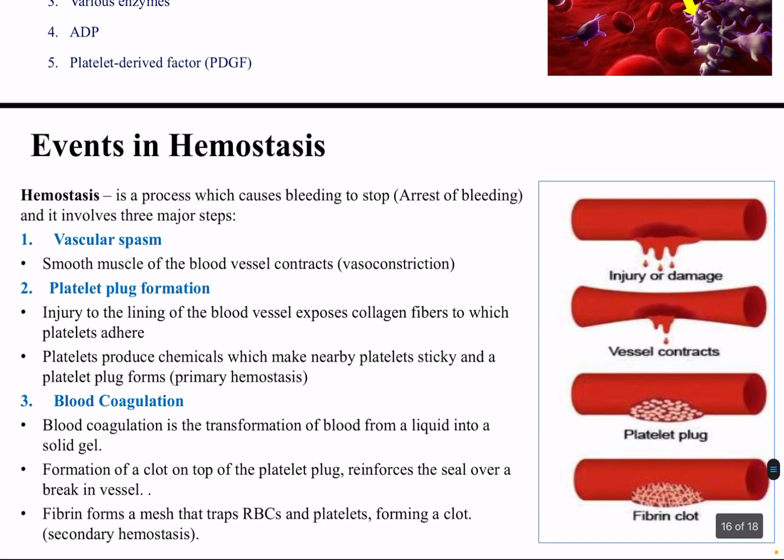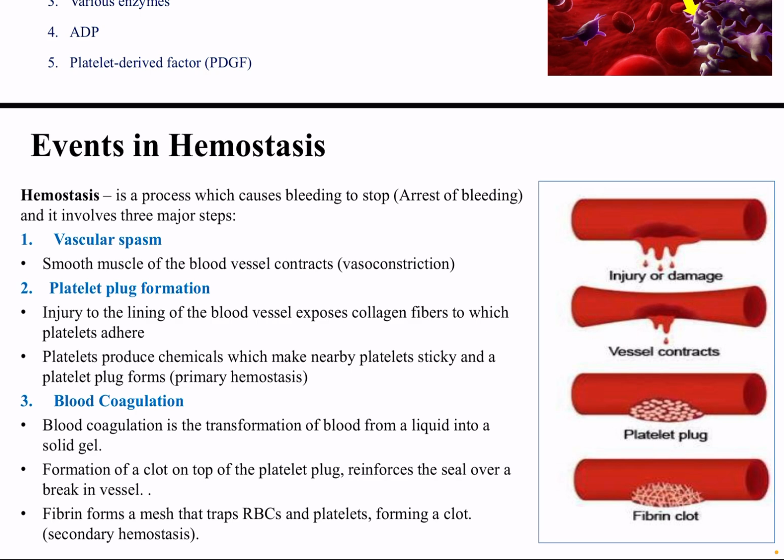Then, if the blood dribbling from the injured part is not stopped by vasospasm, the second line against blood loss will be triggered, which is aggregation of the platelets, to form a platelet block.